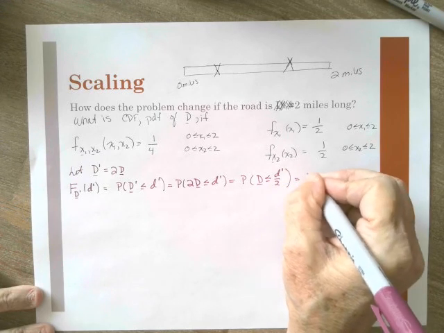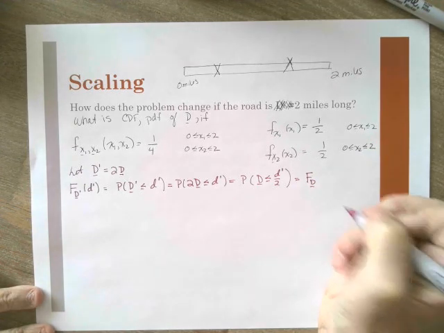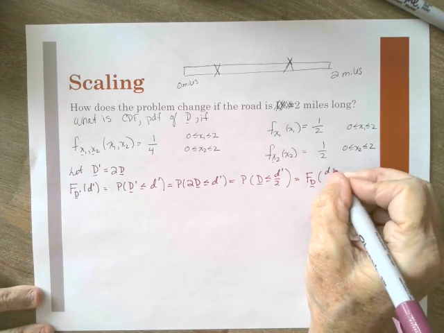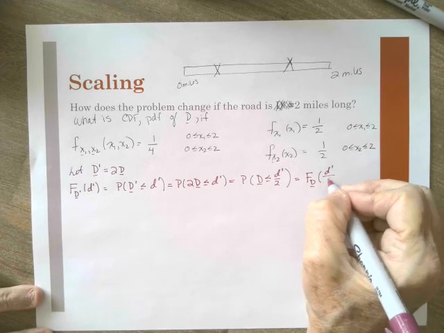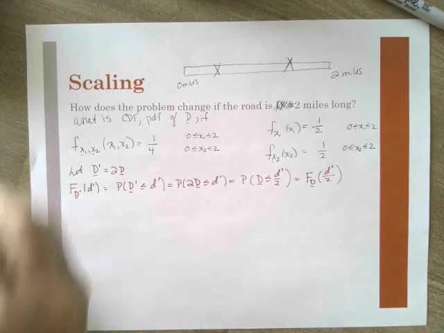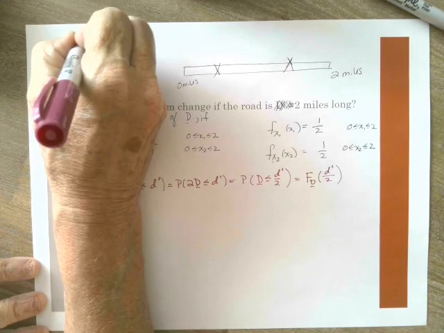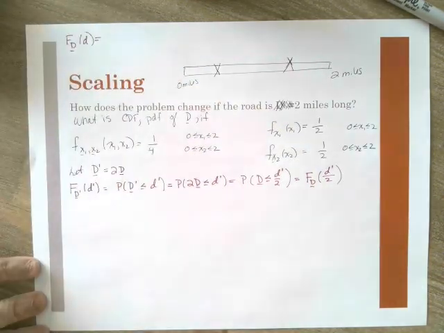We recognize this to be the CDF of my old random variable d, but evaluated this time not at a little d, but at a value called d prime over 2. Just recall, from the previous slide, I want to write this down so you can remember it. This is what we determined capital F d of d was.